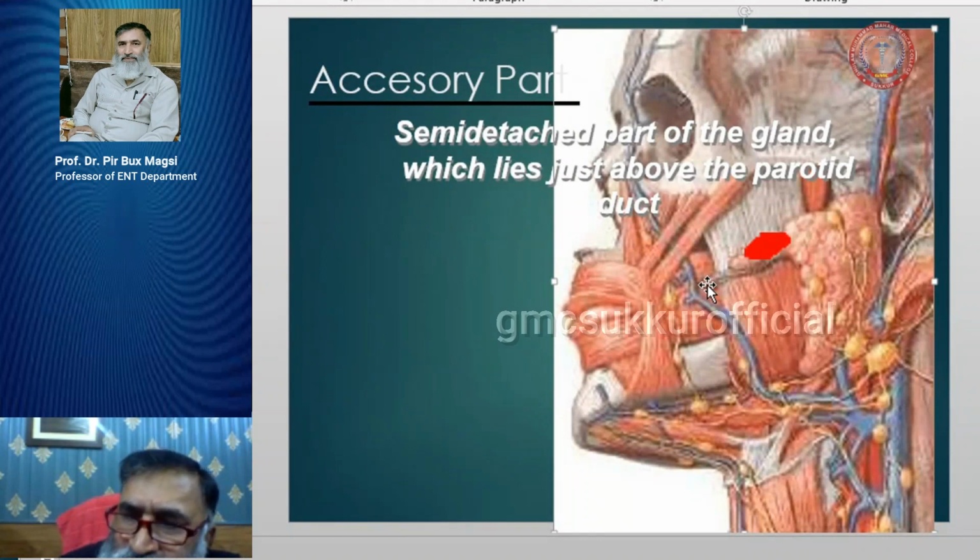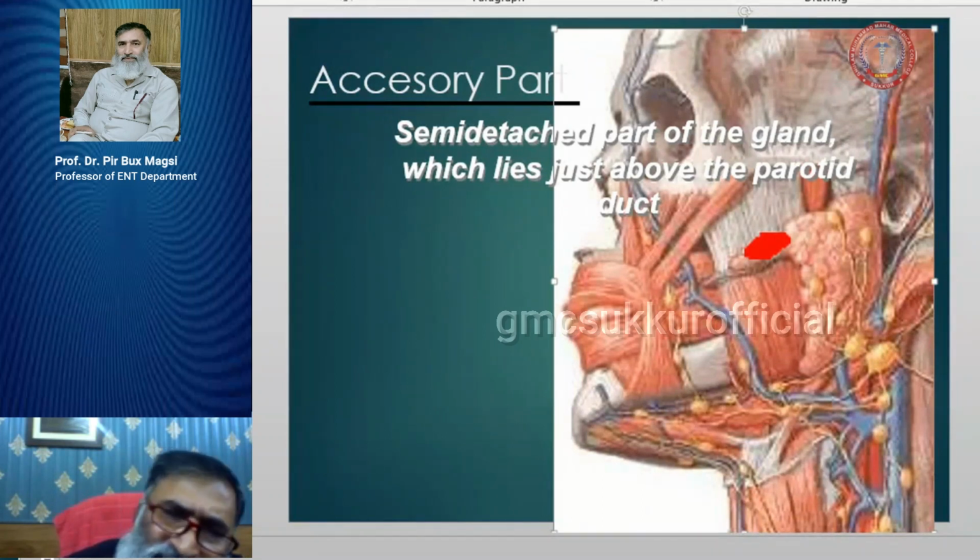Another question? Yes, sir. I have also been told that viral has bilateral swelling and bacterial has unilateral swelling. You see, the bacteria comes from the oral cavity and usually involves one parotid gland. Virus can involve one parotid, but usually bilateral because it is a systemic disease.